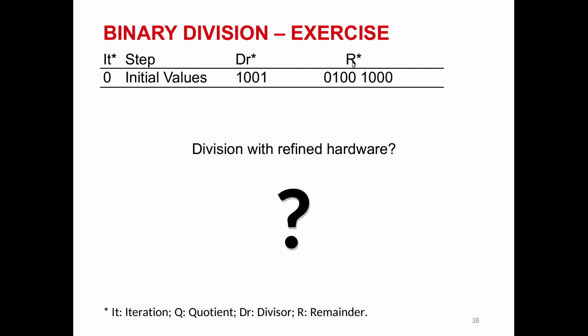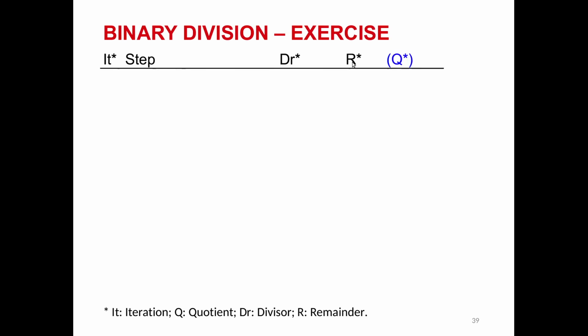Of course you should do it yourself, and after that you can come back to this video because I will give you the solution step by step now, and you can make a comparison between your work and this one to understand the hardware.